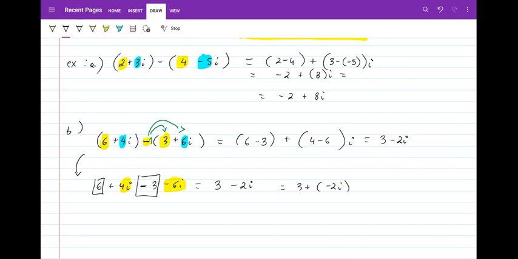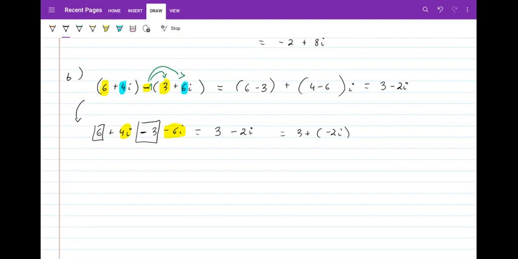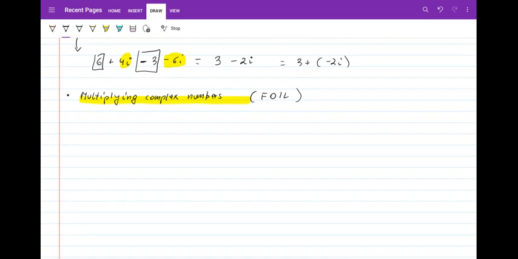Okay. So we add complex numbers, we subtract, we also can multiply complex numbers. So to multiply complex numbers, technically, just use FOIL to binomials.